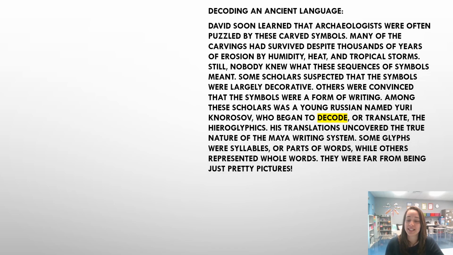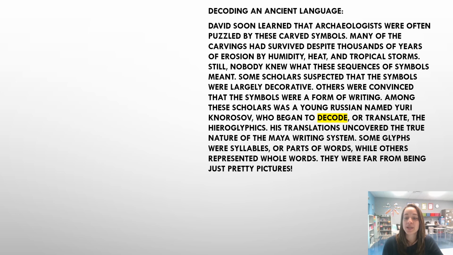Decoding an ancient language. David soon learned that archaeologists were often puzzled by these carved symbols. Many of the carvings had survived despite thousands of years of erosion and humidity, heat, and tropical storms. Still, nobody knew what these sequences of symbols meant. Some scholars suspected that the symbols were largely decorative. Others were convinced that the symbols were a form of writing.